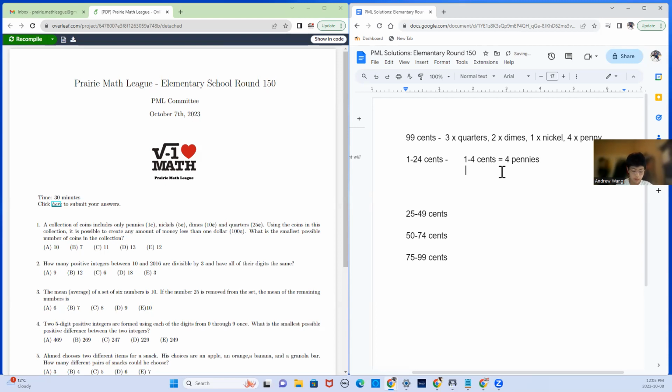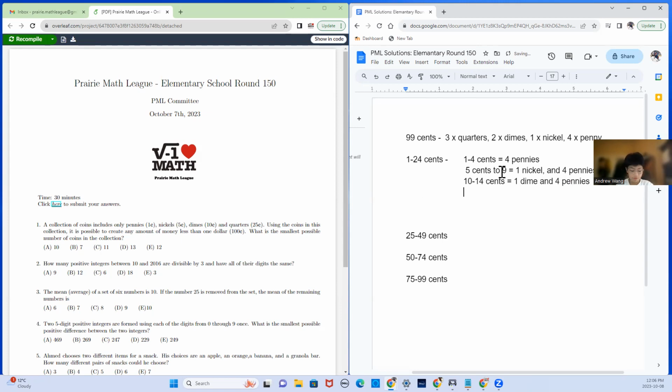From 5 to 9 cents, you can use 1 nickel and 4 pennies. From 10 to 14 cents, it's a dime and 4 pennies.